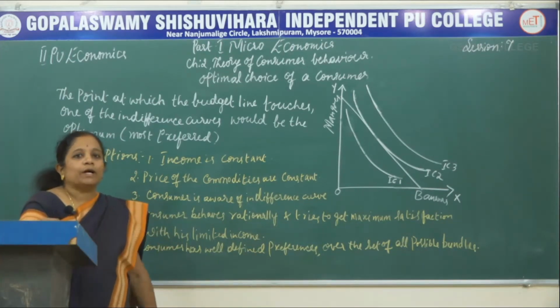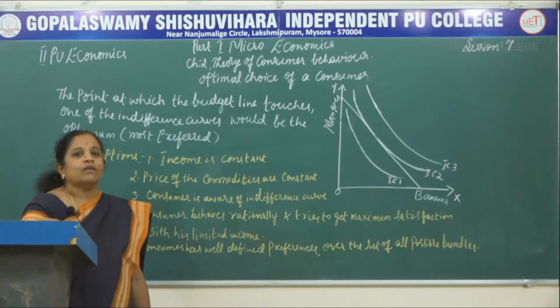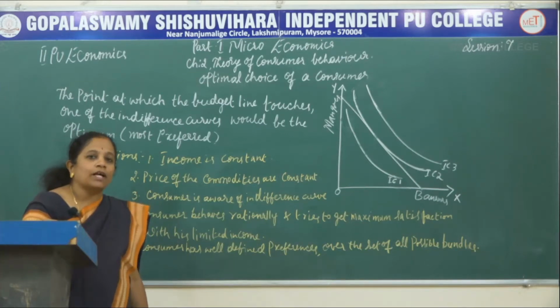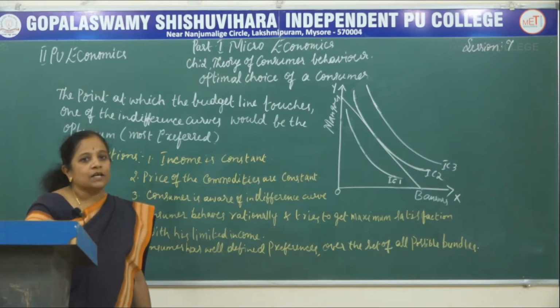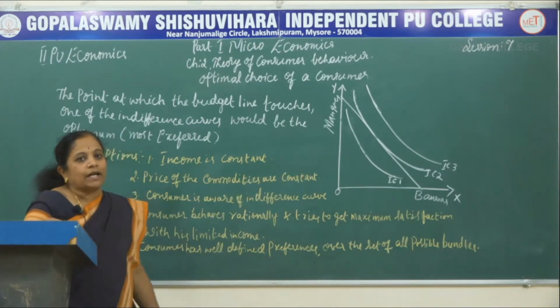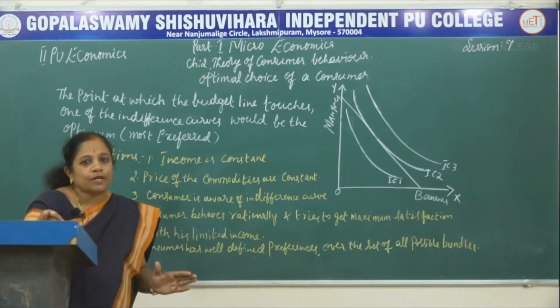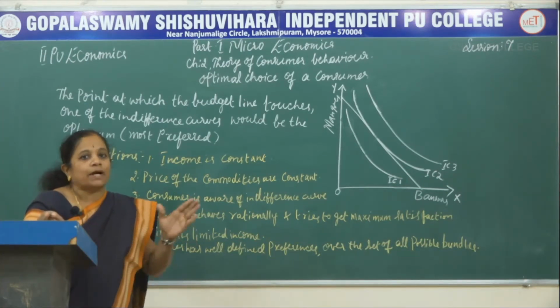You all know that the budget set is the set of all possible combinations which give him the maximum level of satisfaction with available income and prices. Here we have to draw the indifference curves, and out of them find the one he prefers most because it matches his budget line.